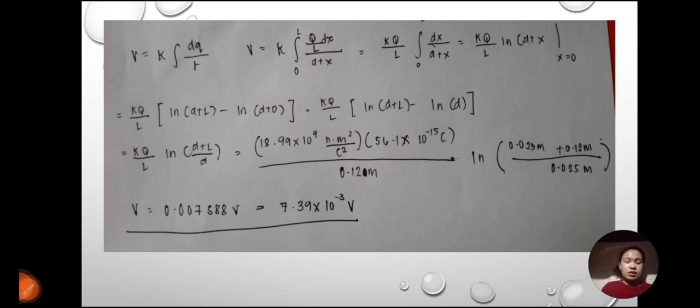So this is the equation. We used the formula of electric potential, which is V is equal to K, the integral of dq over r.